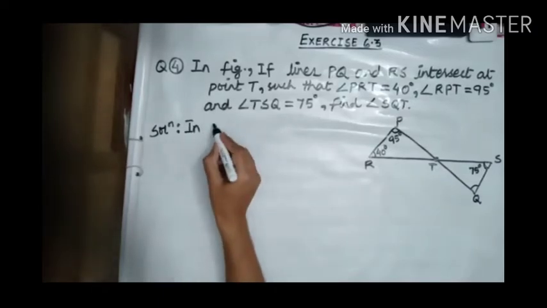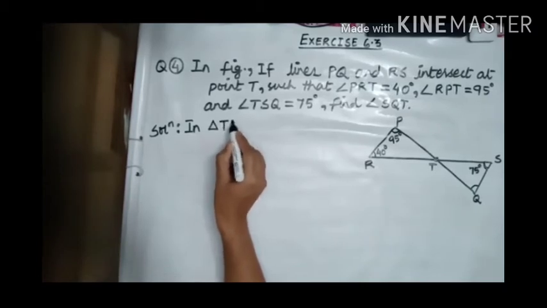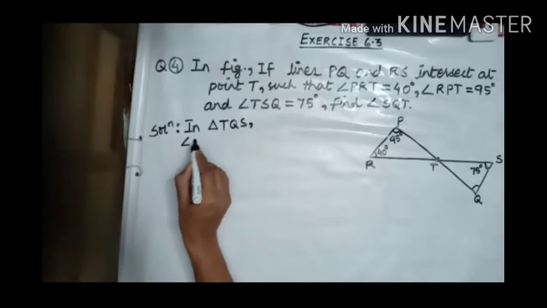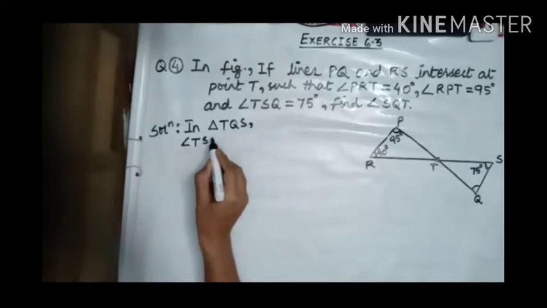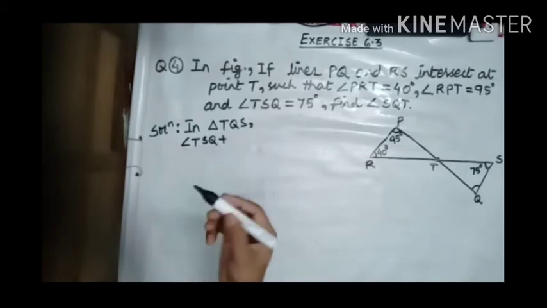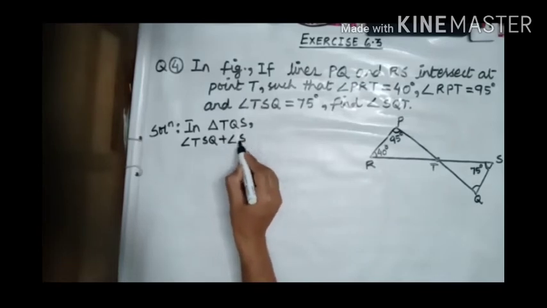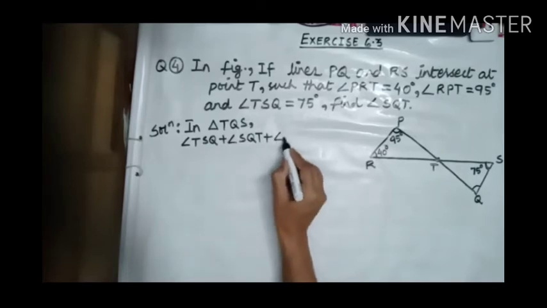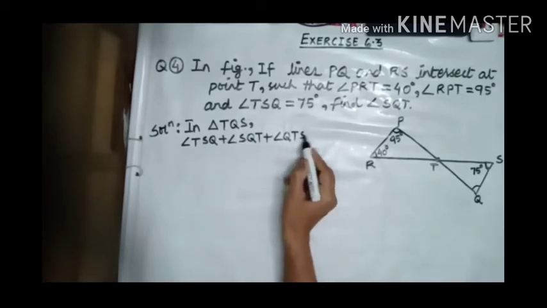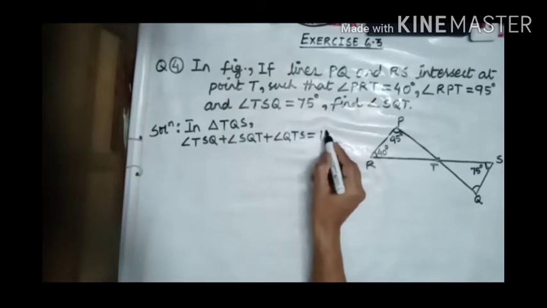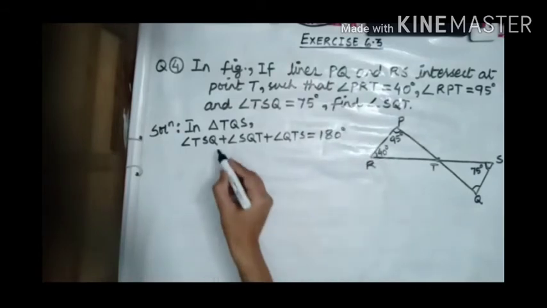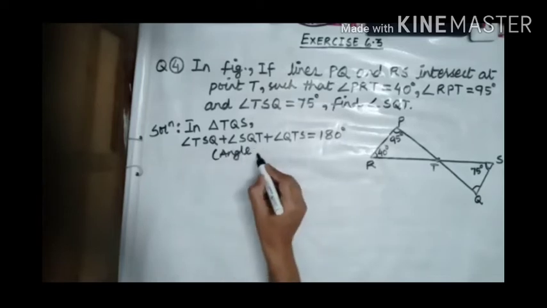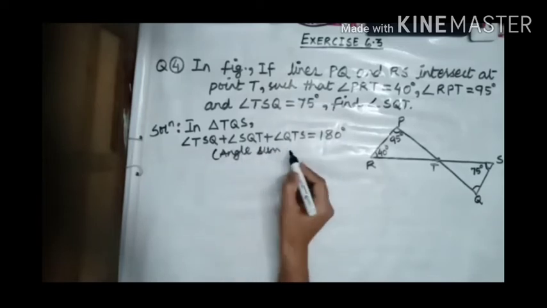So in triangle TQS we have angle TSQ plus angle SQT plus angle QTS equals 180 degrees. Reason: angle sum property.